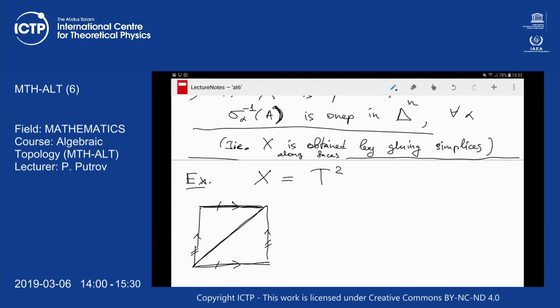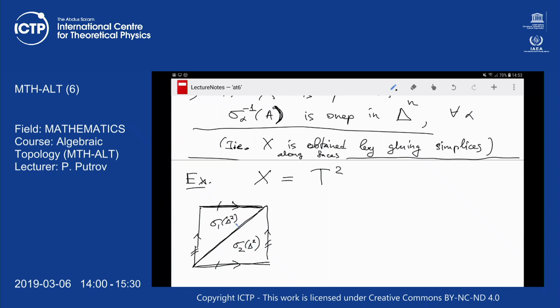So let me write. I can split this rectangle into two triangles. This big triangle I will call sigma 1, and this I will call sigma 2. So this actually means the image of sigma 1 of delta 2, because this is delta 2.